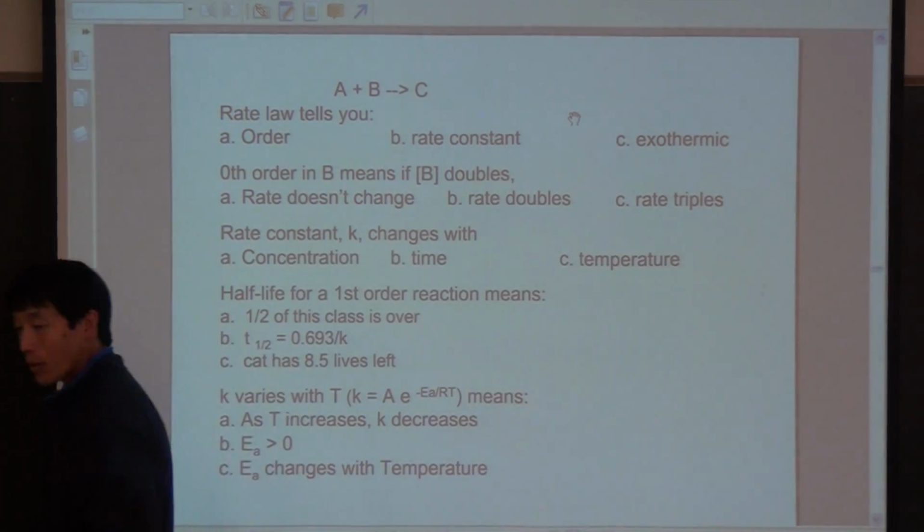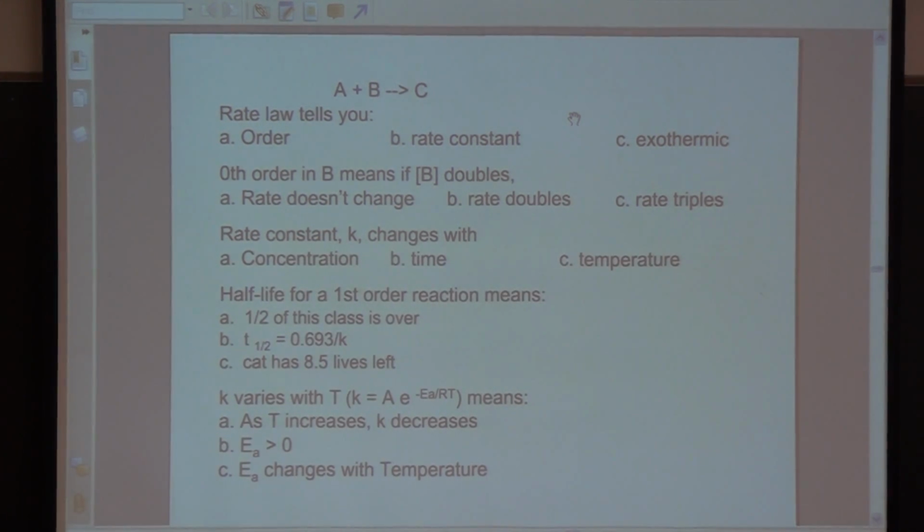Okay, for question 1, does the rate law tell you the order of the reaction? Yes. Does the rate law tell you the rate constant? Yes. This is what we've written down here: in this reaction, A going to products, here's our rate law. Rate is equal to the rate constant K times A to the first power.